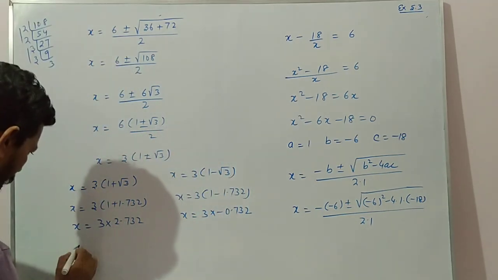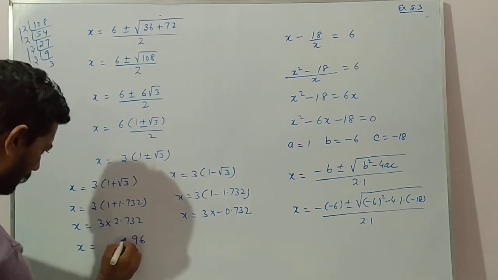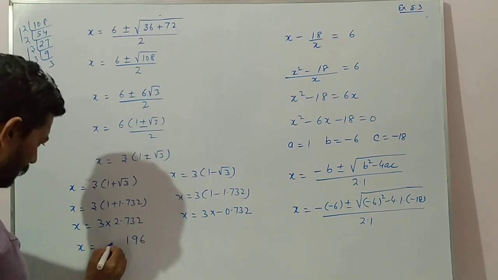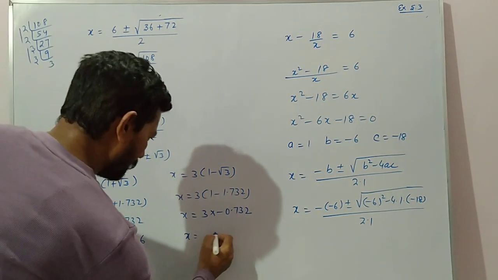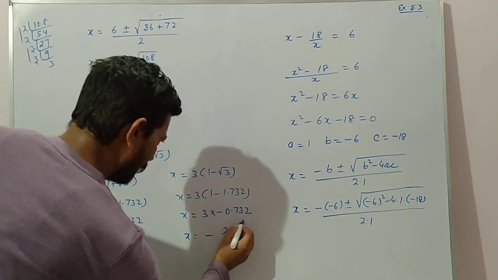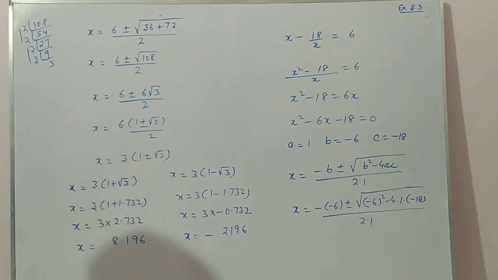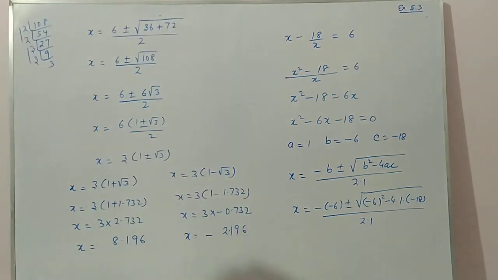Multiplying, 3 times 2 is 6, 3 times 7 is 21, and 3 times 3 is 9. So the value of x is 8.196, and the second one is minus 2.196.